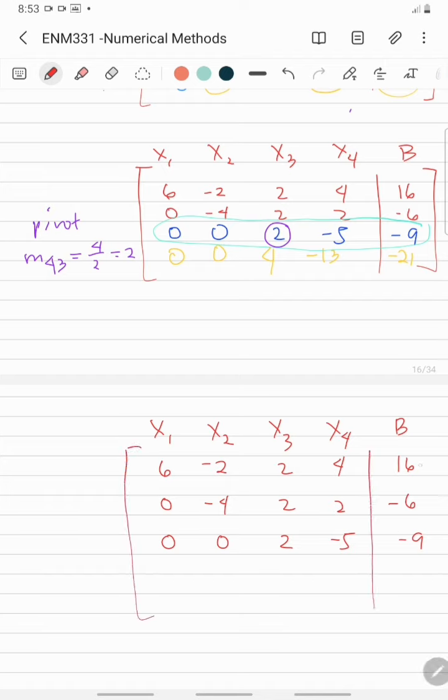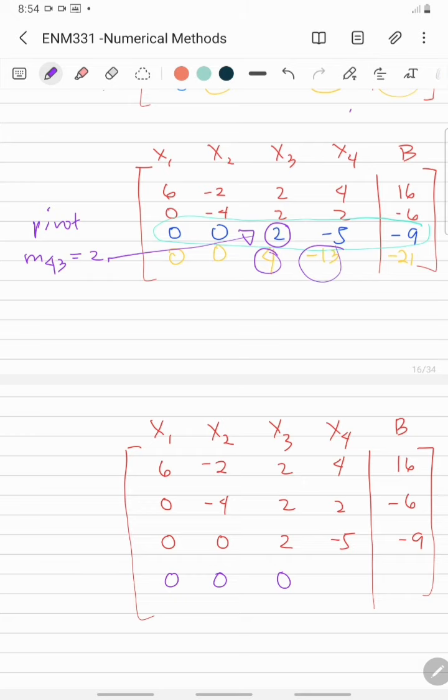Okay, so we have already this format. So I have to change this to 2. So we have here 0, 0. Then for our third element for the fourth row, we have 4 minus 2 times 2, that is equal to 0.